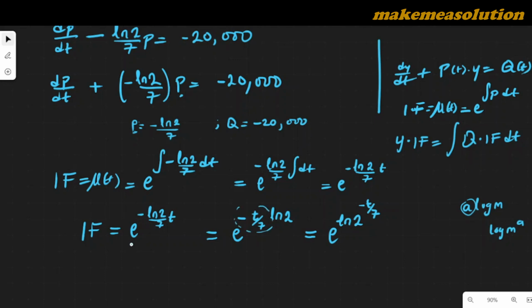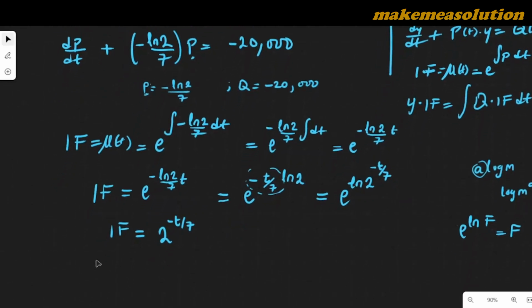So do you remember our axiom that exponential ln f is actually f? Very good. If you remember that axiom, our integration factor can be expressed from exponential of ln 2 raised to the power of minus t/7 to 2 raised to the power of minus t/7. So our integration factor is now 2 raised to the power of negative t/7.